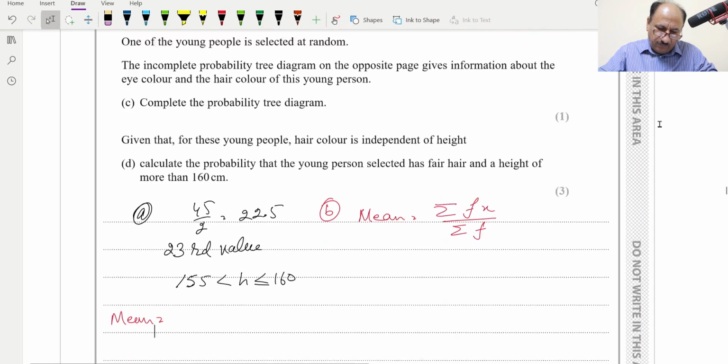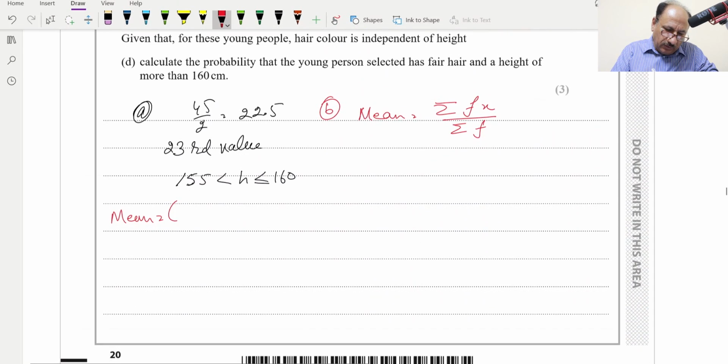145 multiplied by 5. So 145 multiplied by 5 plus next value is 152.5 and multiply by 8, and next value will be 157.5 multiply by 11.